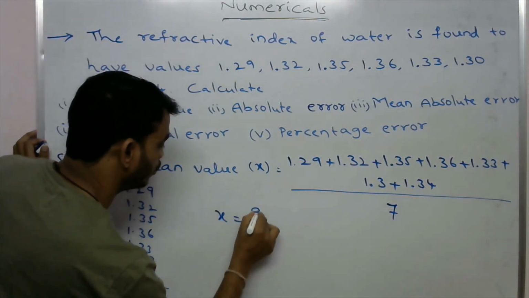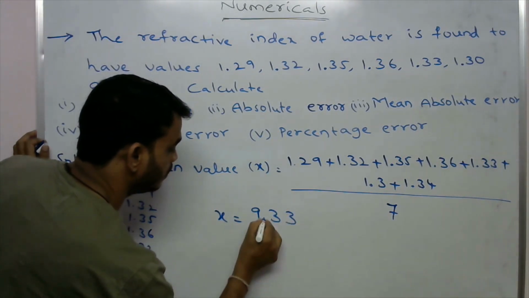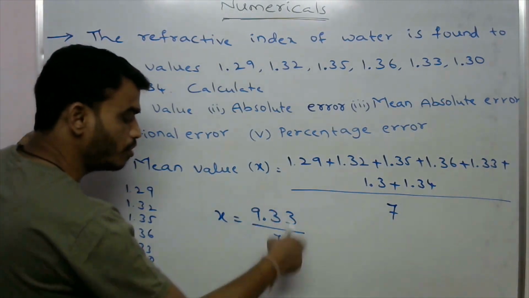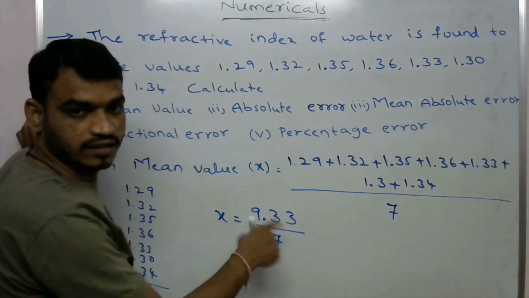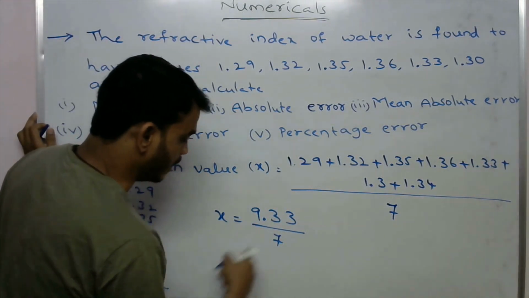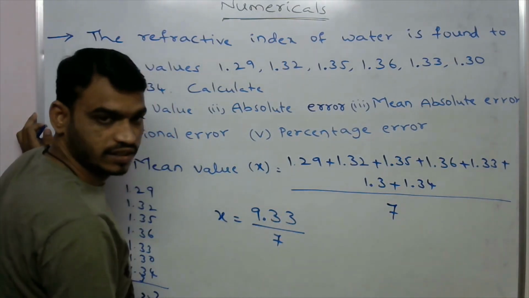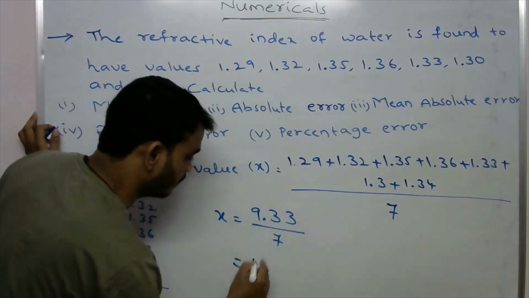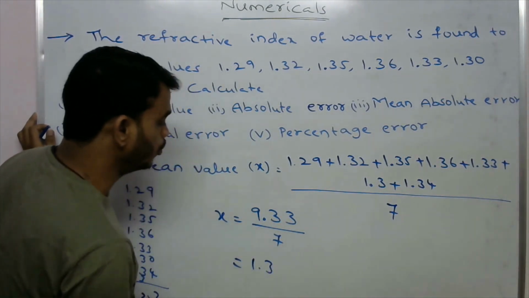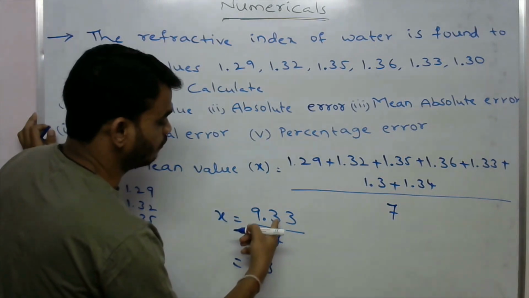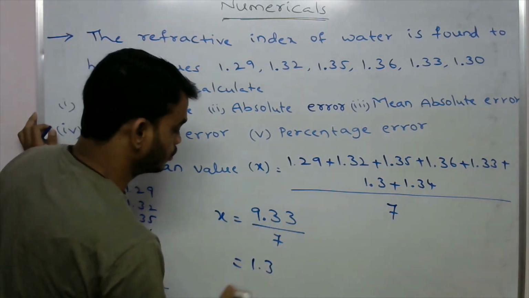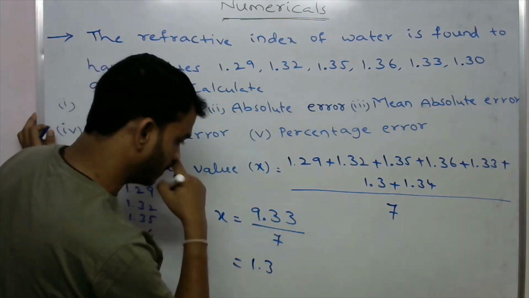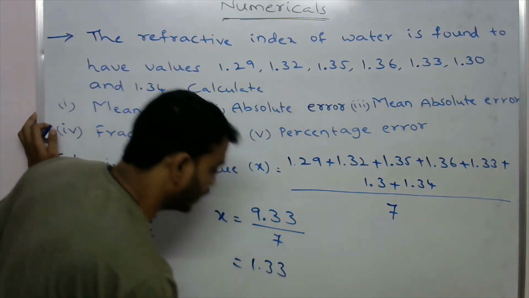So the x value is 9.33 divided by 7. By dividing 9.33 by 7, we get 1.33.